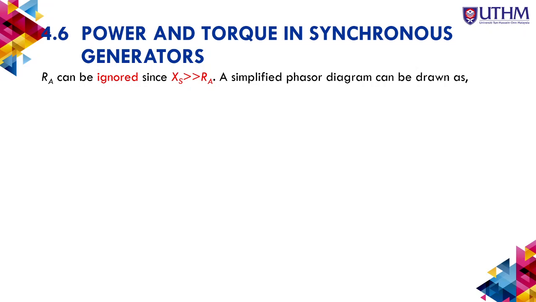So the RA is very low, so we can ignore the RA. What happens when we ignore the RA? Once we ignore RA, everything will be simplified, the calculation will be simplified.